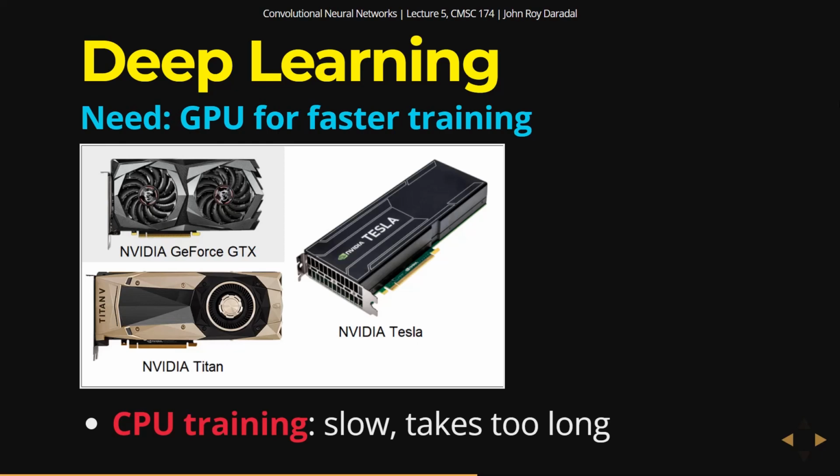Okay, why do we need GPU for deep learning training? It's because if you use CPU training, it's too slow and it takes too long. And I actually had experience with this when I was taking a deep learning course before.